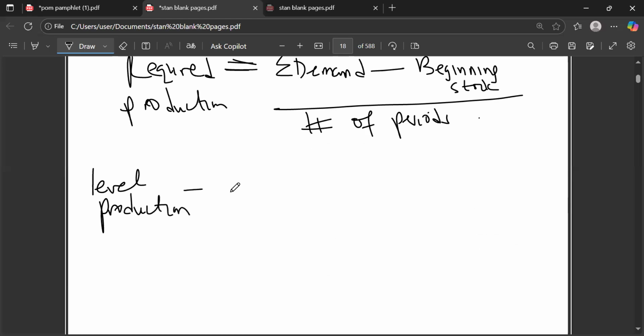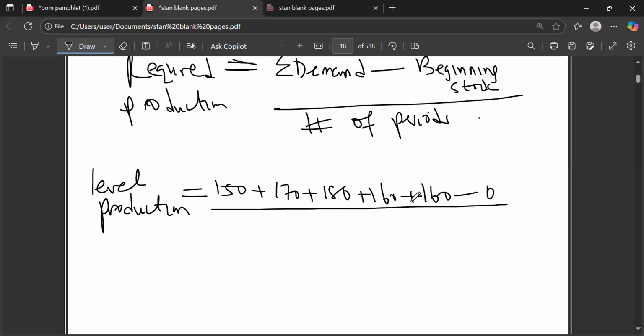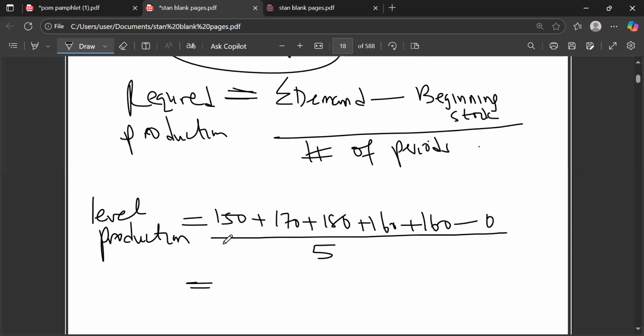So our demand is 150 plus 170 plus 180 plus 160 plus 160 minus 0. Then divide by 1, 2, 3, 4, 5. You know, we are summing up.